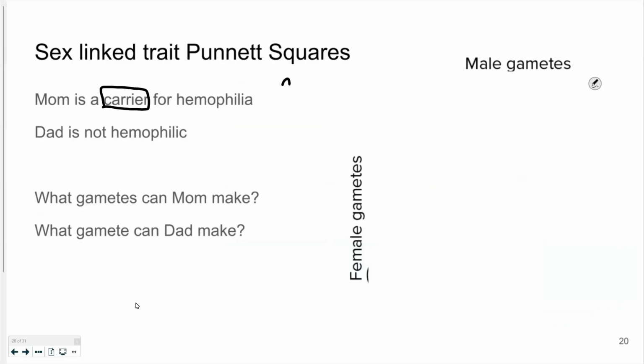A carrier is always going to be a biological female. And we know the genotype of the carrier. We know the sex chromosomes. Let's use H's for this one, for hemophilia.